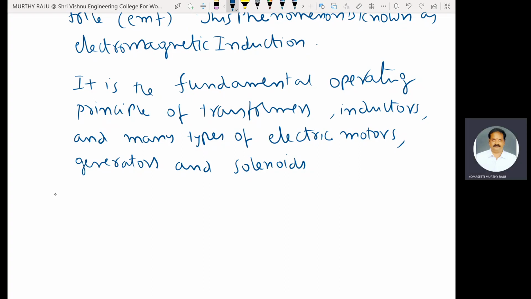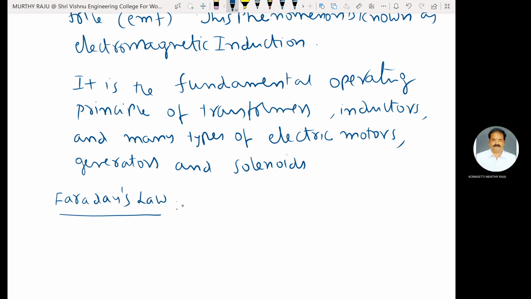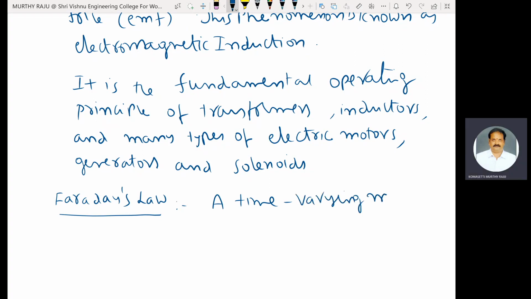First important law, Faraday's law: a time varying magnetic field. Magnetic field changes with respect to time.